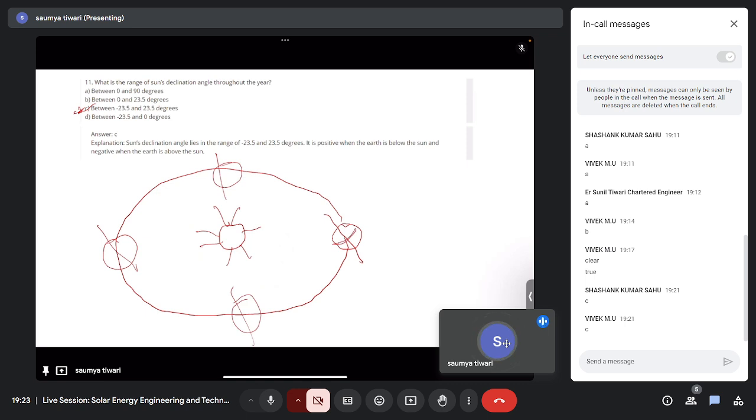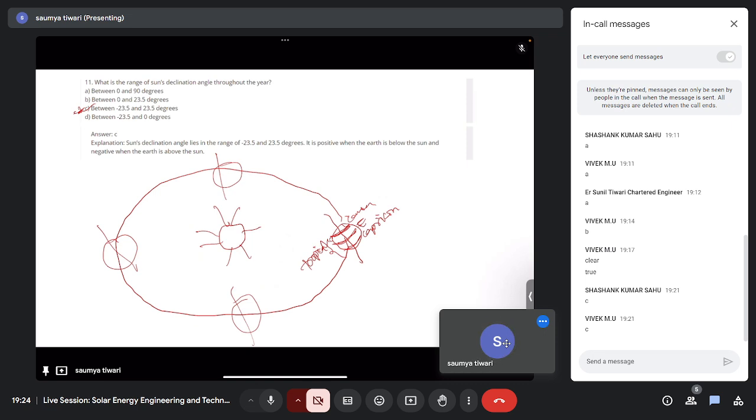If this is your equator, this is the Tropic of Cancer and this is the Tropic of Capricorn. This declination angle determines the tropical range. So the Tropic of Cancer range is set by this declination angle only.